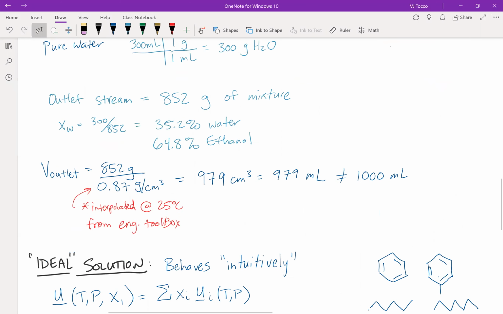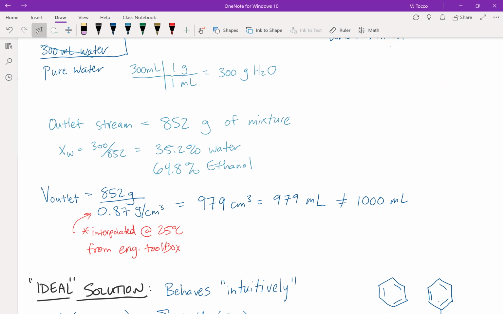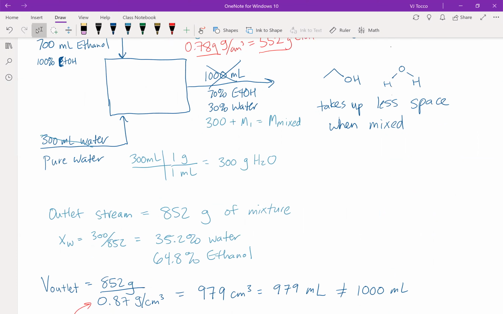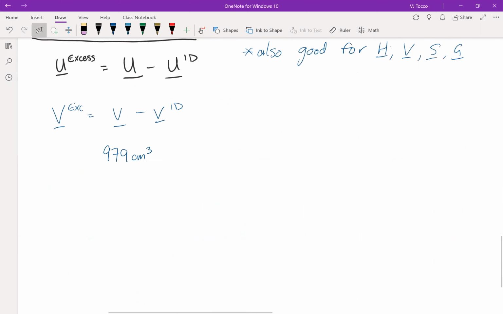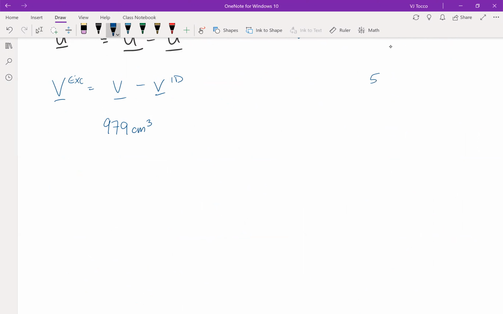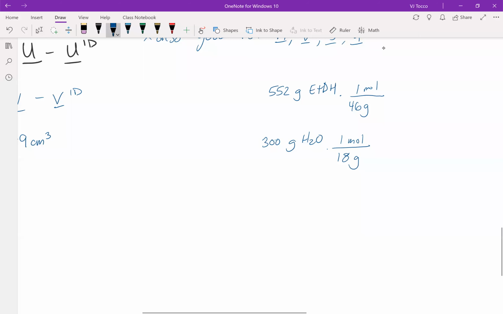So what we have to do now is convert our mass fractions into mole fractions. I'm just going to convert everything over into moles. All right, so we had 552 grams of ethanol. We do this over in the margin. 552 grams of ethanol and 300 grams of water. Okay, so divide each one of these by the molecular weight. I think I didn't look this up. It's 2 carbons, which is 24 grams per mole, plus 16 plus 6, so 46 grams.